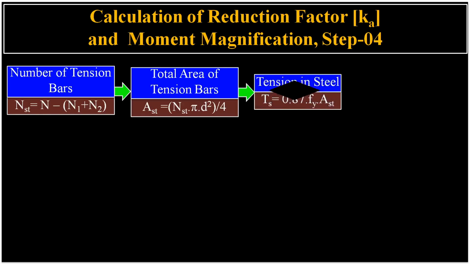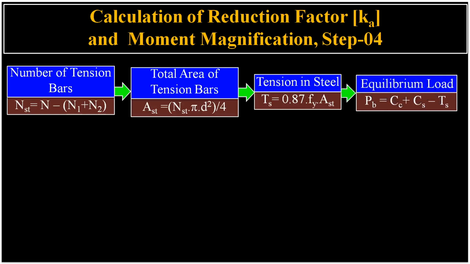Tension in steel. Now we have to calculate the total tension in steel, denoted as TS. To do that, the formula is TS equals 0.87 multiplied by Fy multiplied by AST. Here, Fy is the yield strength of the steel.